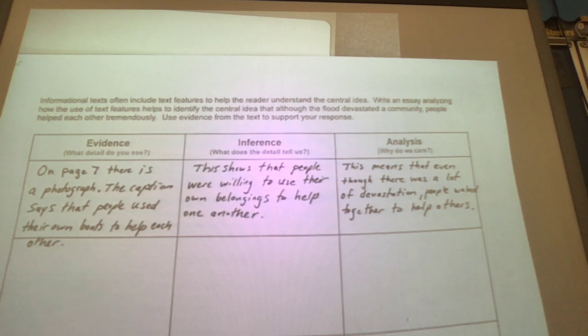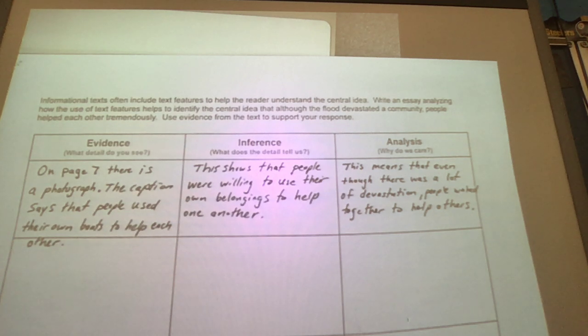Text features are normally photographs with captions, graphs, and charts, and in this case, for today, maps. So we want to look back and we want to use those text features to help us understand the central idea that, even though this community was devastated by the flood, people came together and helped each other.